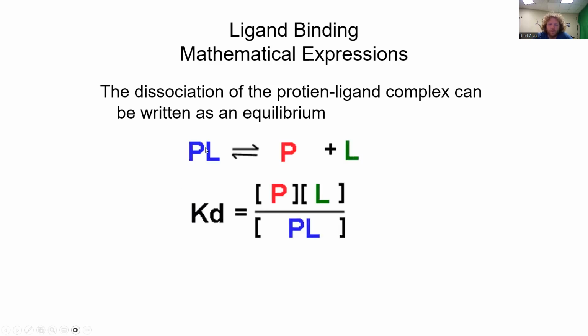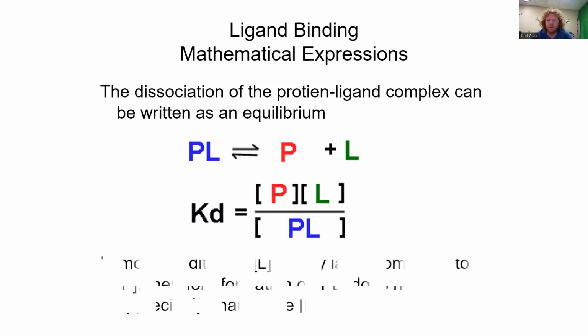If we have our reaction as PL, or the protein ligand complex, dissociating into the free protein and the free ligand, we can write that as Kd is equal to the concentration of the free protein times the concentration of the free ligand, divided by the concentration of the protein ligand complex. So the protein and the ligand will either be as one, the PL complex, or they will be separate from one another as free protein and free ligand, respectively.